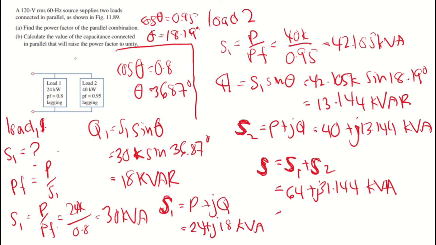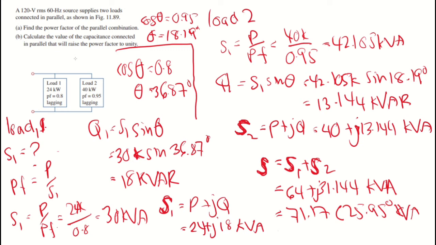So you change it to polar form. For polar form, you will get the value of 71.17 angle 25.95 degrees kVA.